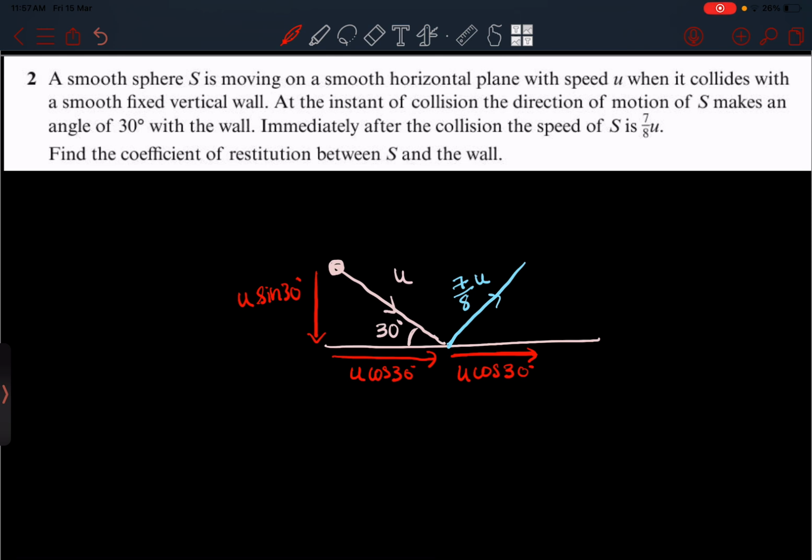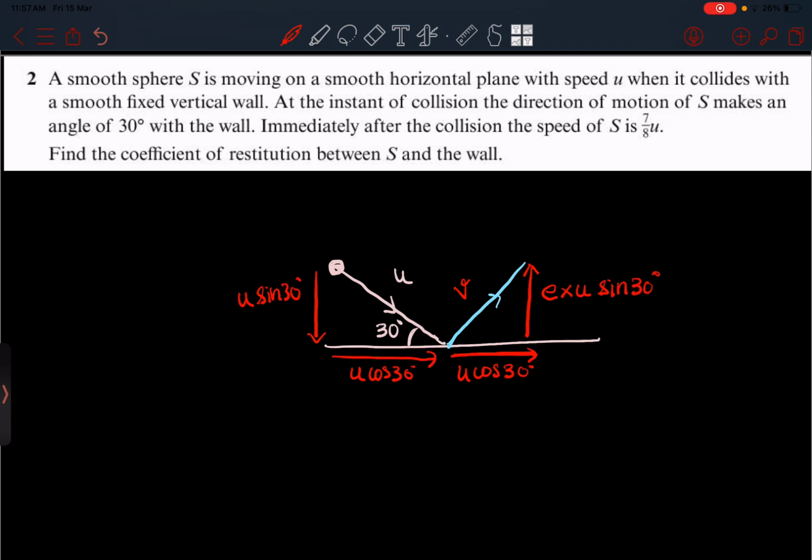The next thing that we know is, let's just write this as v if it makes things a bit easier. So I know this is v, and I know that this is e times u sine 30.